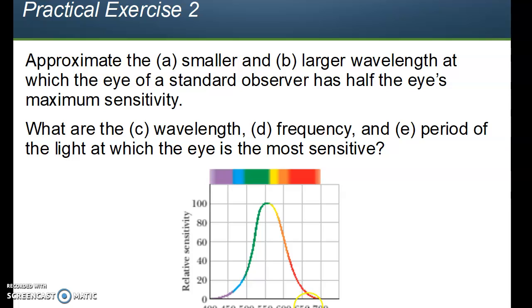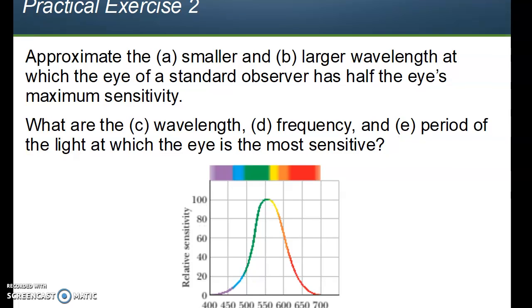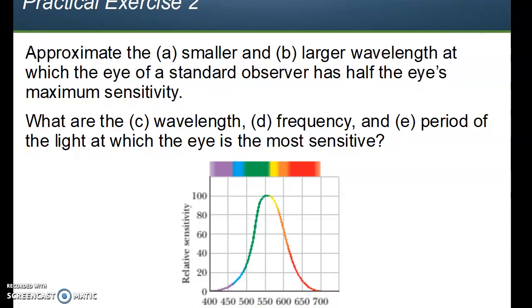Maybe I can bring that down a little bit more so that you can see it. The 50% right here would be at this point, and when I looked at that, I had it at about 515.